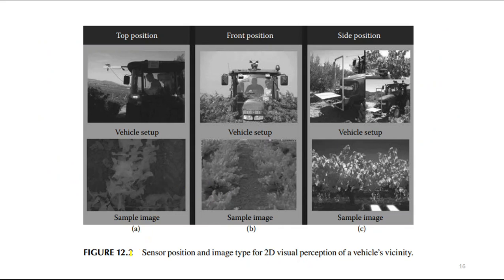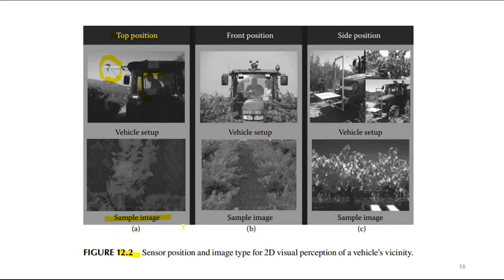Here is figure 12.2, the sensor position and image type for 2D visual perception of the vehicle vicinity. From a top position, you can see here should be the camera, and the driver is here, right? We can take a sample image like this one, maybe along the car.